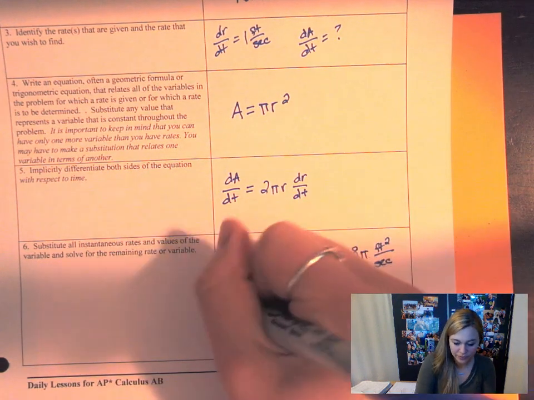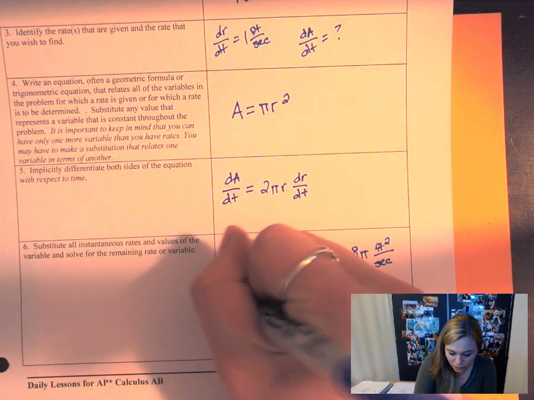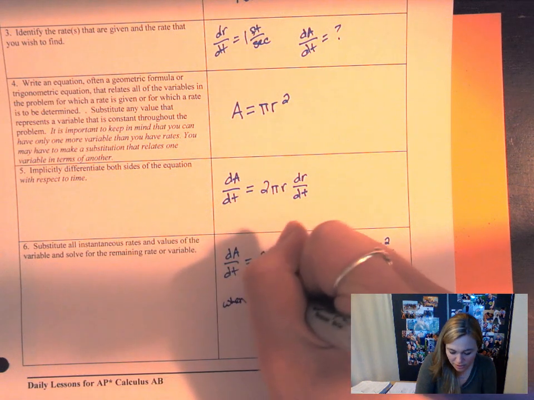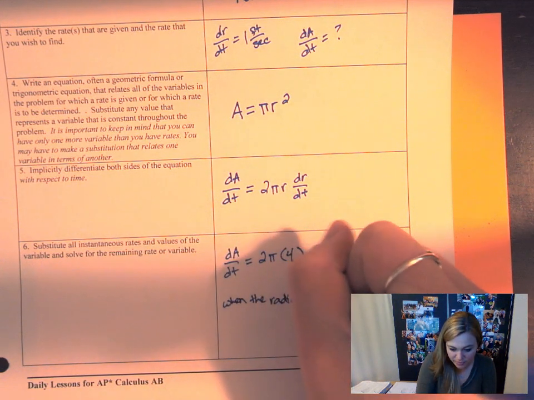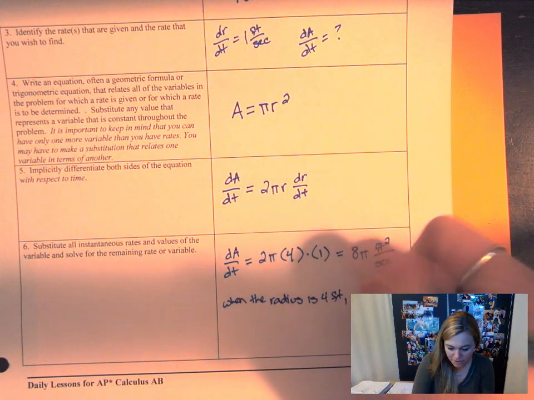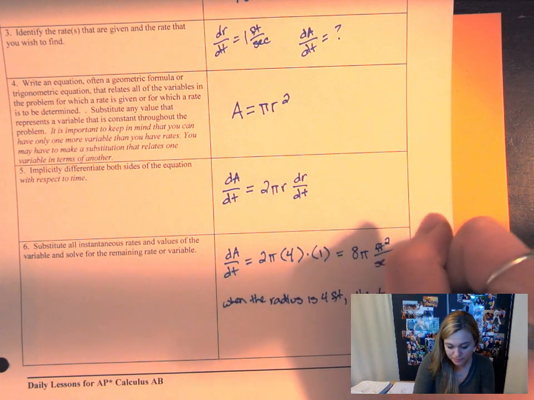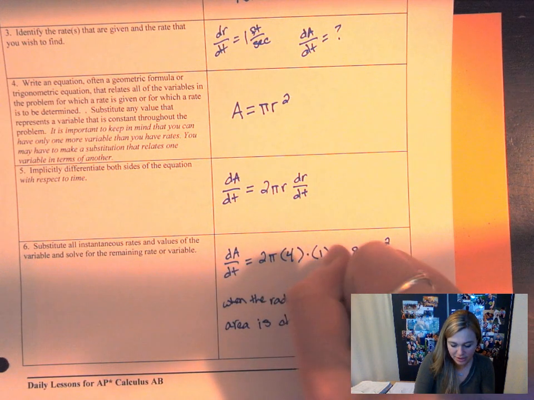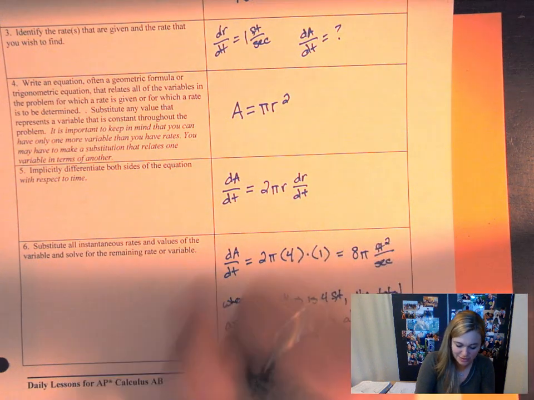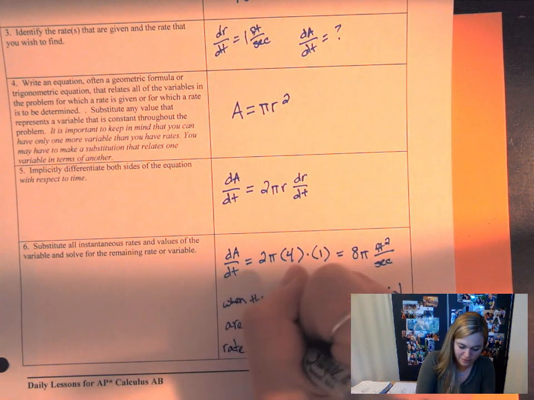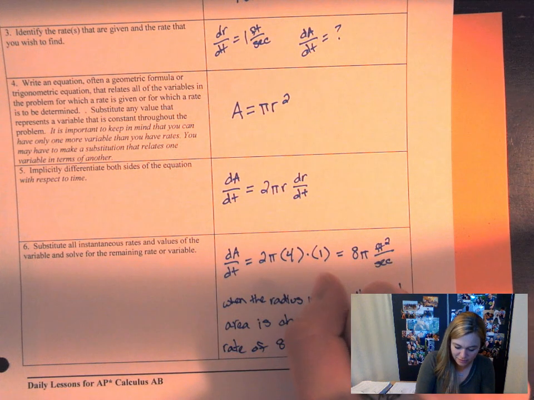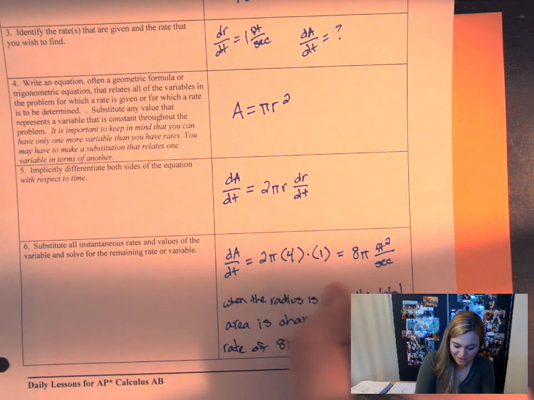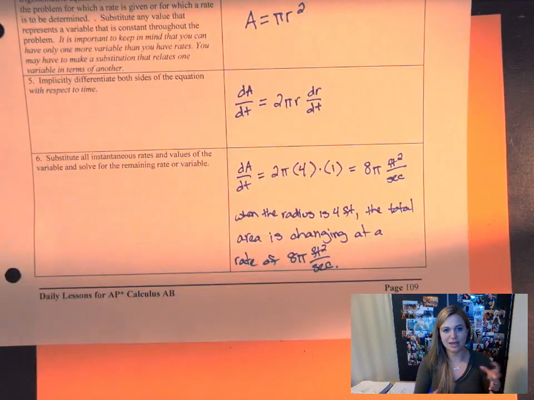So I know when the radius is 4 feet, I'm taking this right from the end of the problem, the total area is changing at a rate of 8 pi feet squared per second. Most of these questions will have something at the very end that wraps up everything you've done in the whole problem.